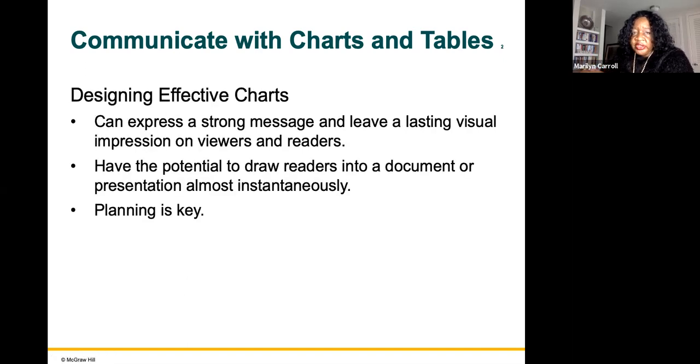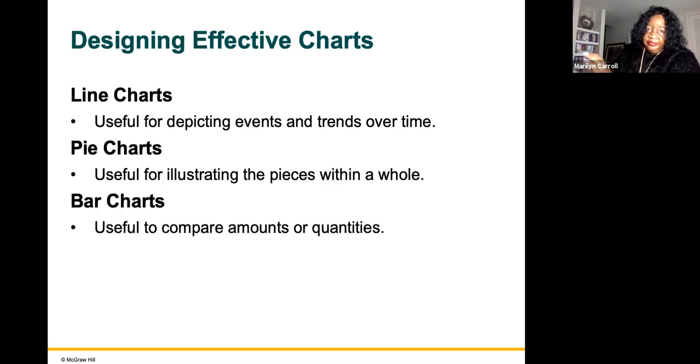Design effective charts. Charts can express a strong message and leave a lasting visual impression on viewers and readers. They have the potential to draw readers into a document or presentation almost instantaneously, and planning is key. So we have line charts. They're useful for depicting events and trends over time.